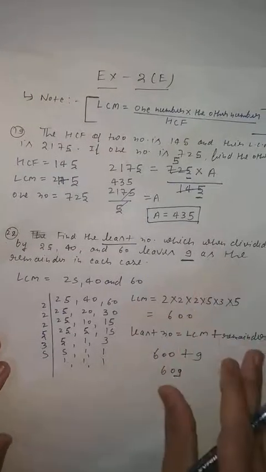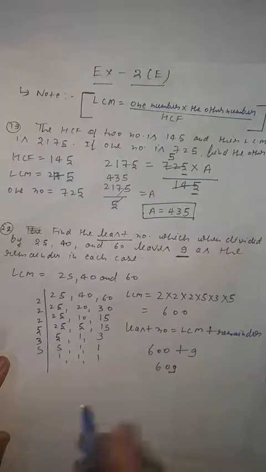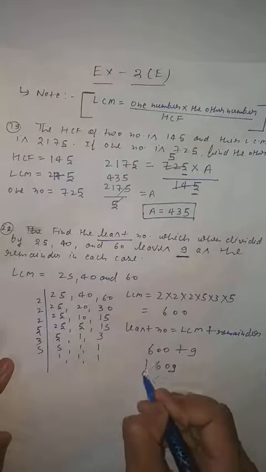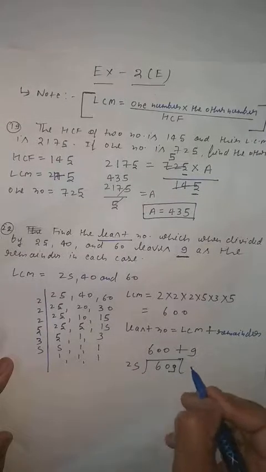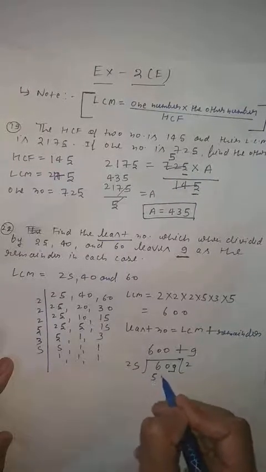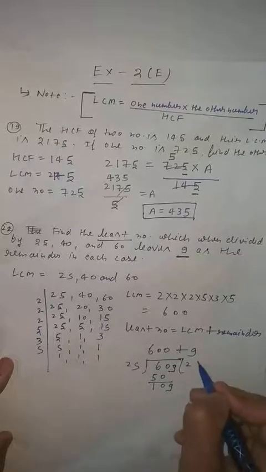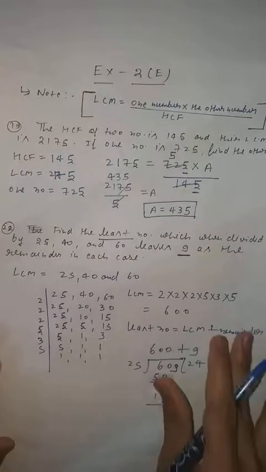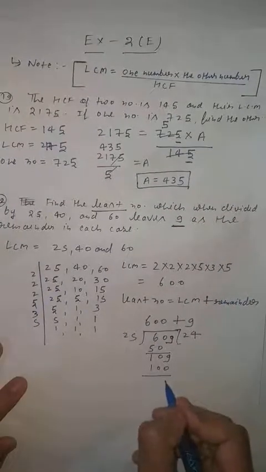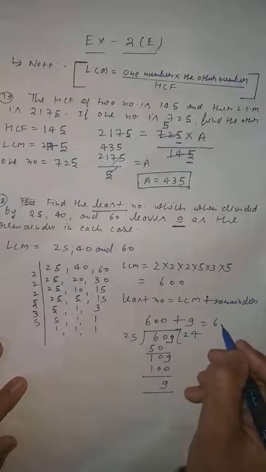Find the least number which when divided by 25, 40, 60 leaves 9 as the remainder. So divide it by 25. Let's check. 25 2s are 50. 0, 6 minus 5, 1, 9. And 25 4s are 100. Clear, students? So what remains? You can see 9. So your answer is correct. So 609 is the correct answer.